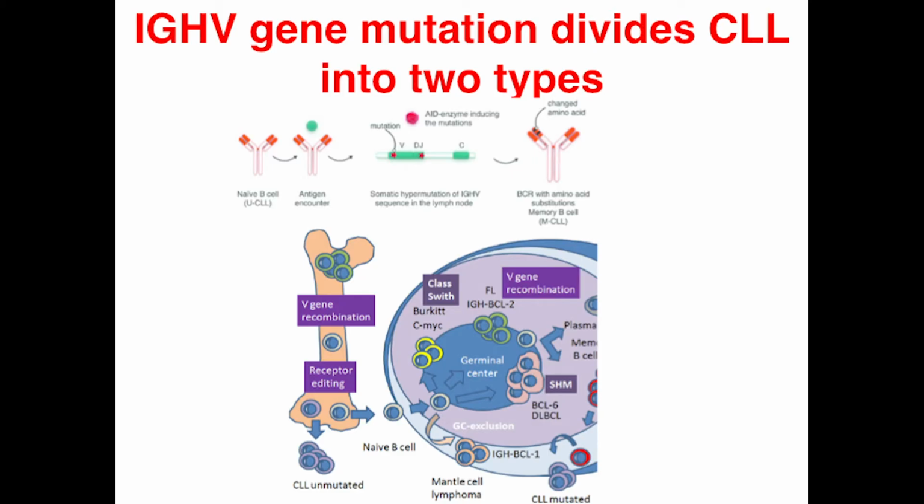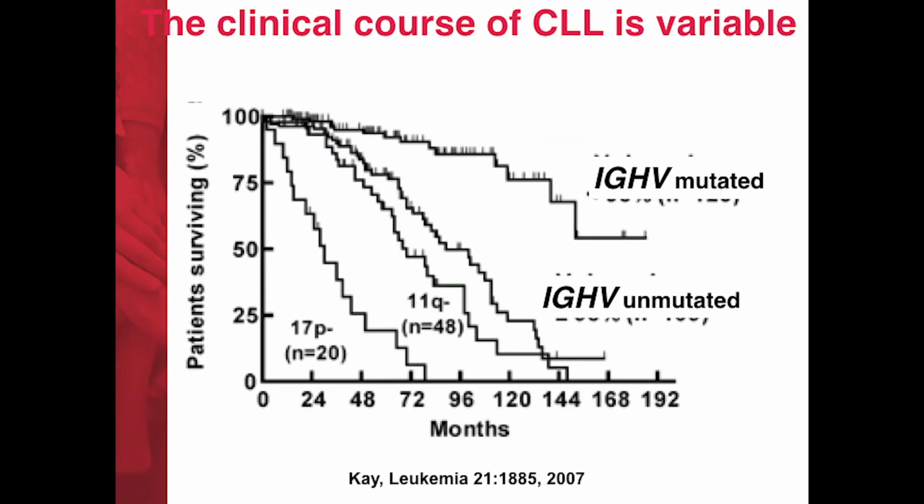And so I've talked about how CLL is dependent on multiple different mutated oncogenes, meaning genes that cause unrestrained proliferation, and that the B cell receptor can be mutated or unmutated. So you can see not every CLL is the same.